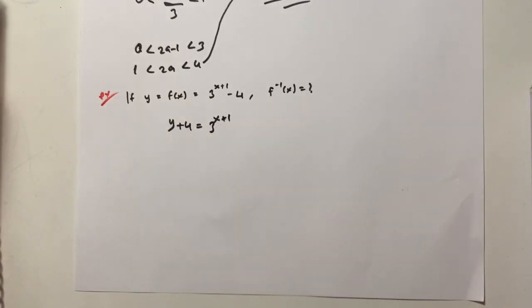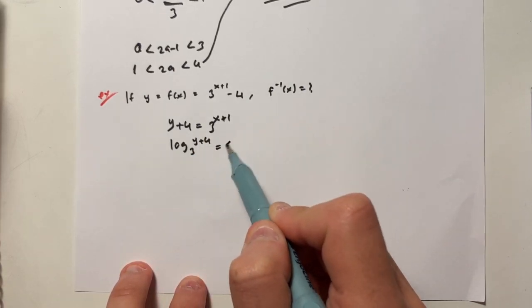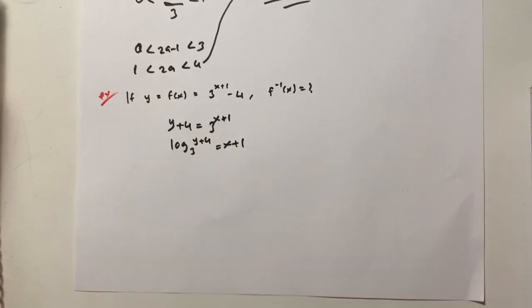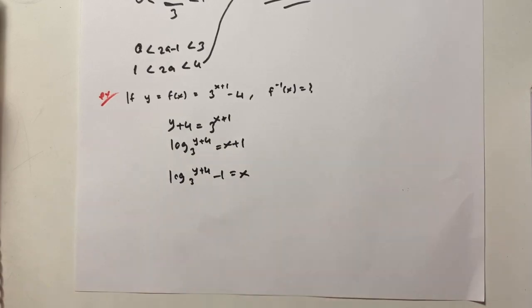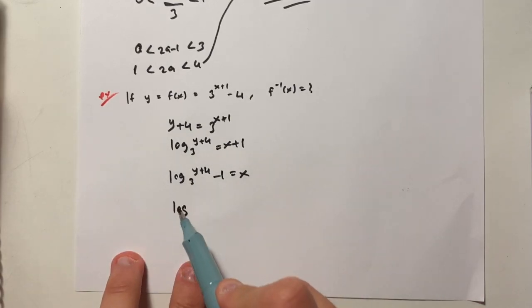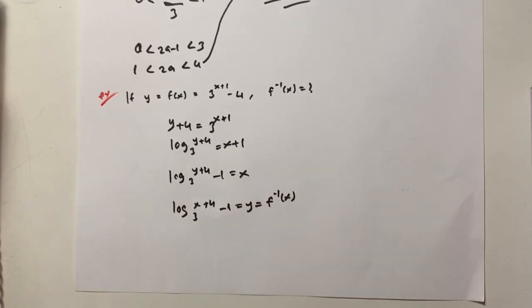And then I take the logarithm. And then I leave the x alone. And then I change the places of x and y. And this is the inverse of the function.